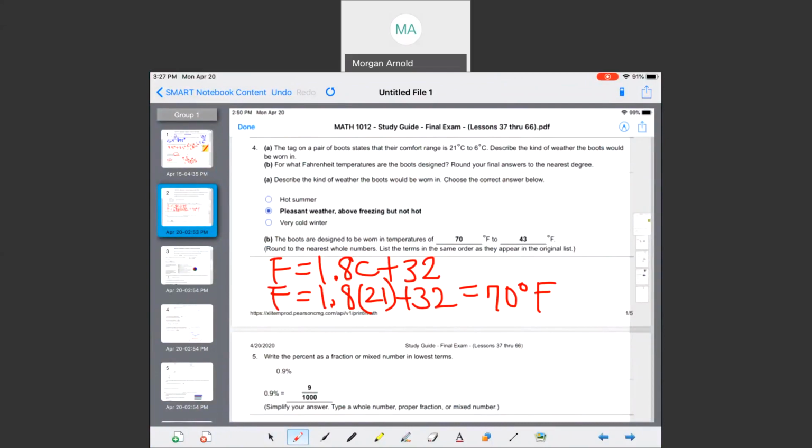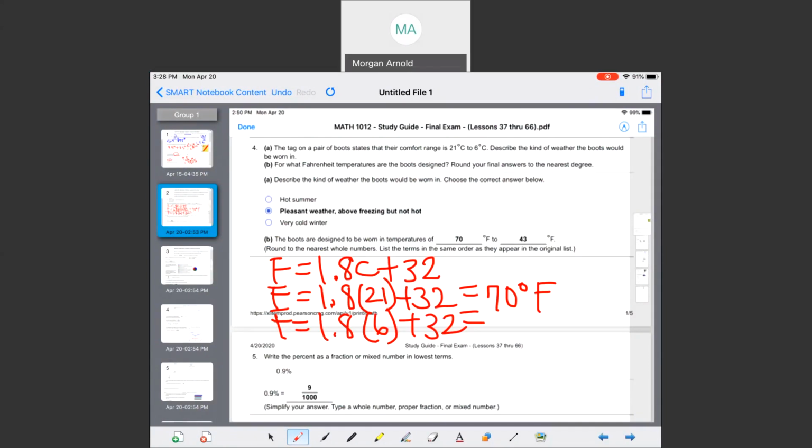Do the same thing to convert 6 degrees Celsius to degrees Fahrenheit. Use the same formula, and in place of C, plug in 6. And again, multiply first before you add.